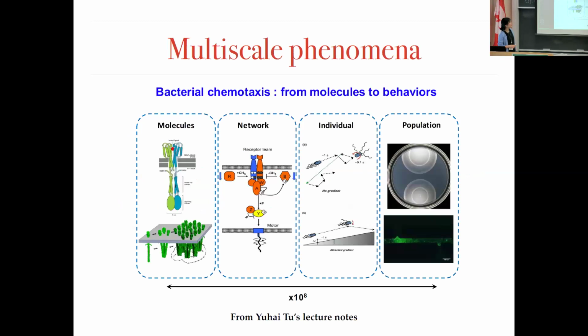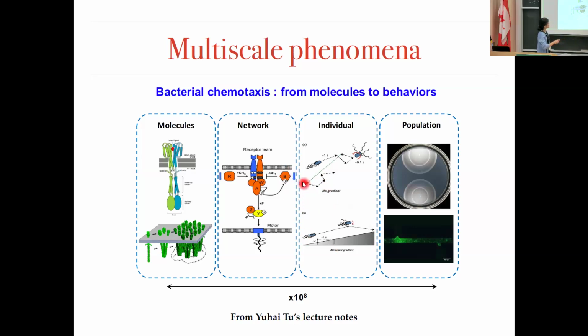One part of my work is on chemotaxis. Chemotaxis is a multi-scale phenomenon. People can start from what happens inside the cell, how the cell senses the environment, to how the cell moves.